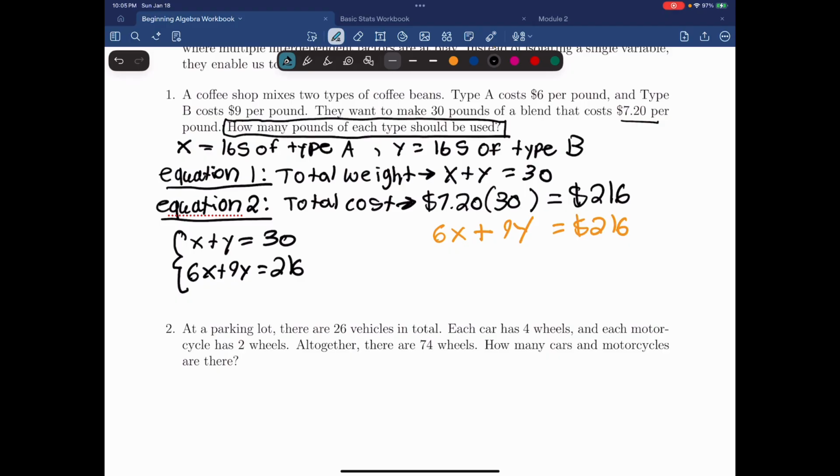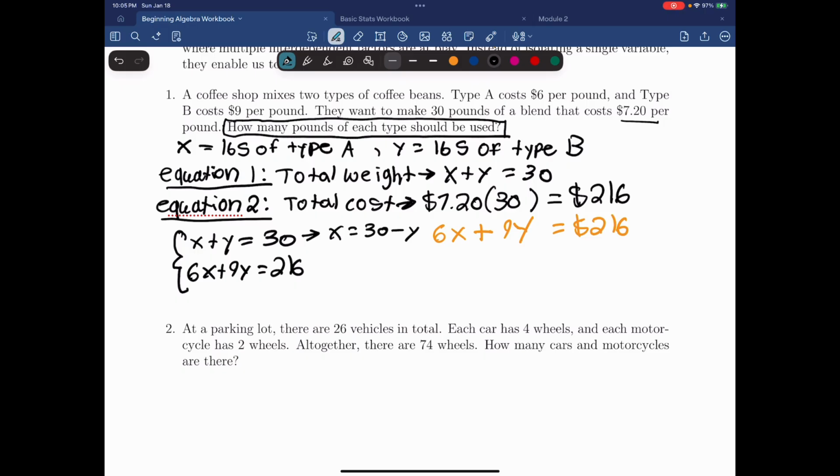Now looking at this system, we can either do substitution or elimination. But in this case, I'm going to use substitution, and I'm going to take this first equation, x plus y equals 30, and solve it for x. So when I do that, you get x equals 30 minus y.